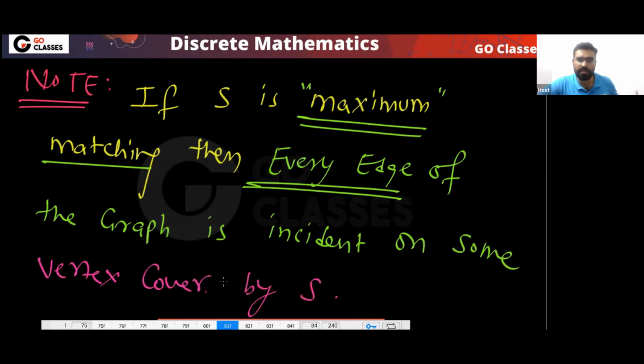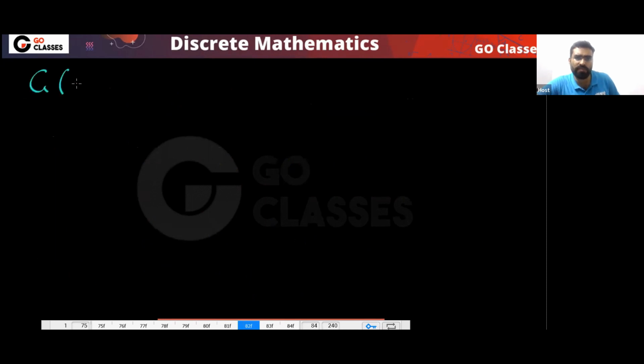Is this clear? Tell me. Let's assume you have a graph G = (V, E).